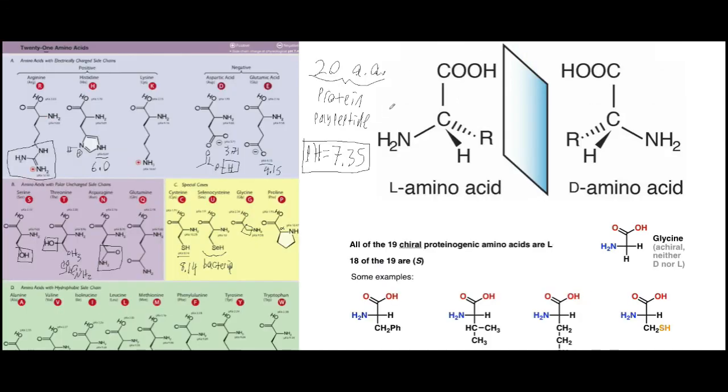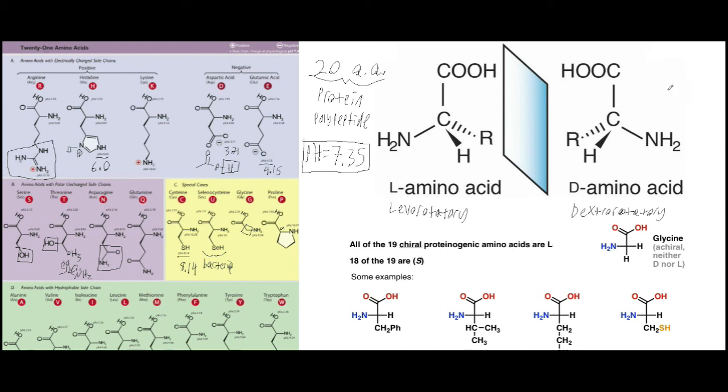So we talked a little bit about stereochemistry in the carbohydrates video, and I talked about the difference between L, the levorotatory, and the D, which was the dextrorotatory. And I said that this just has to do with how it shifts the angle of plane polarized light.